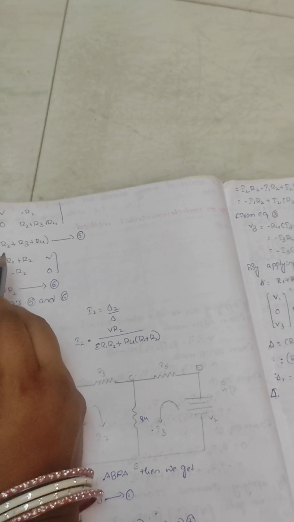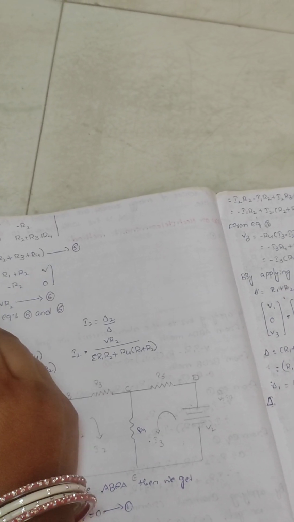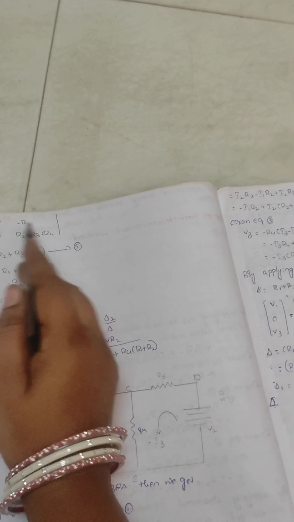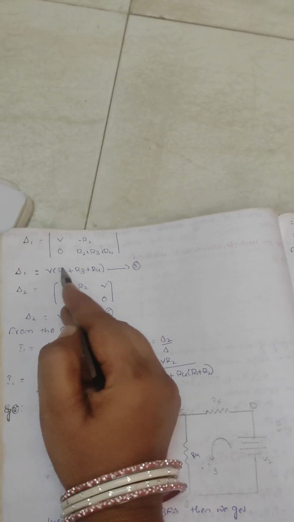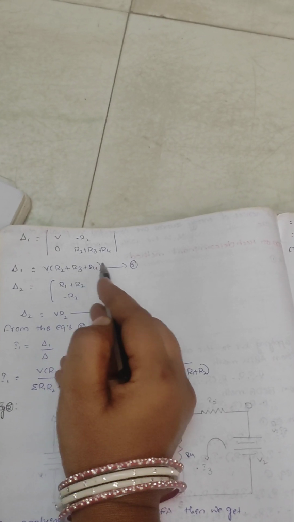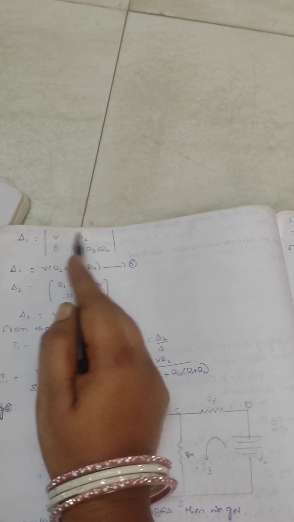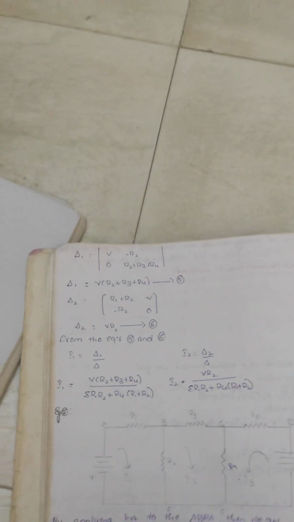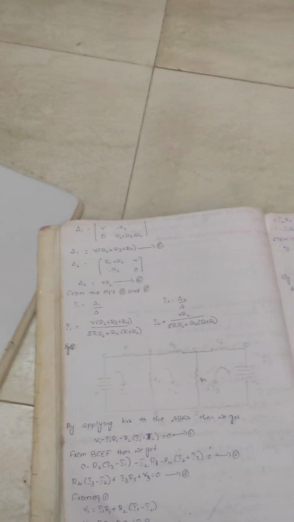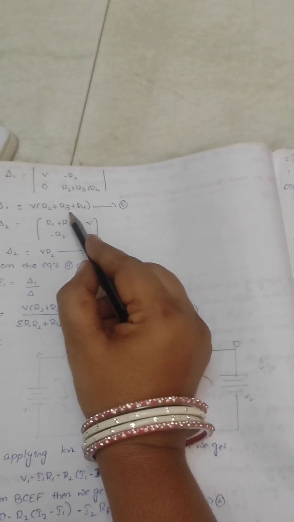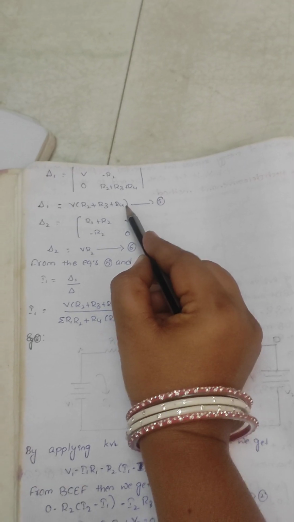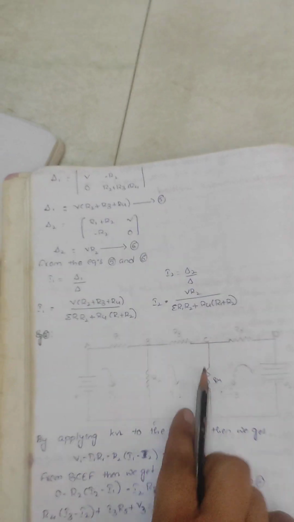Delta 1 is equal to AD minus BC: V into (R2 plus R3 plus R4) minus BC, which is 0 into anything, that is 0. So V into (R2 plus R3 plus R4) is the delta 1 value.